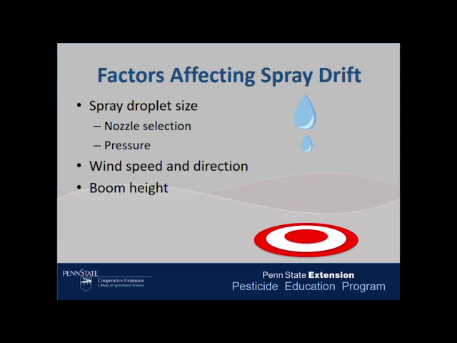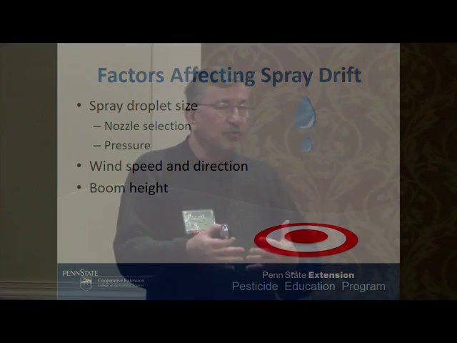It will tell you what that droplet size is for that pressure in that nozzle. So now you go back to your pesticide label, the label is going to say the preferred droplet size is this. Maybe it says a medium droplet size. So you look at your nozzles, your pressure, am I producing the droplet size that the label is suggesting?